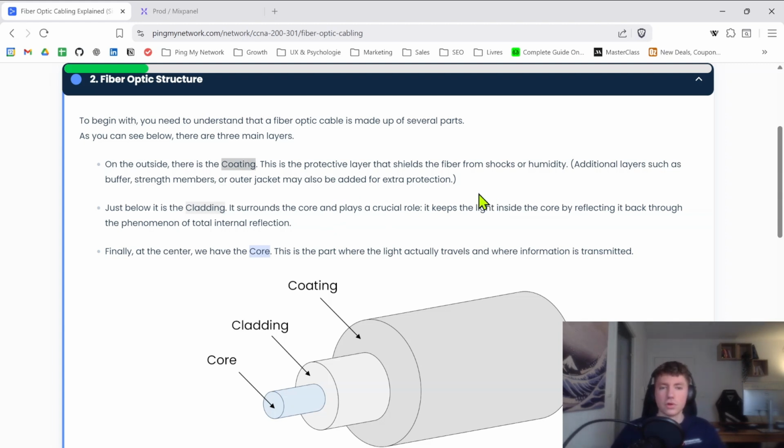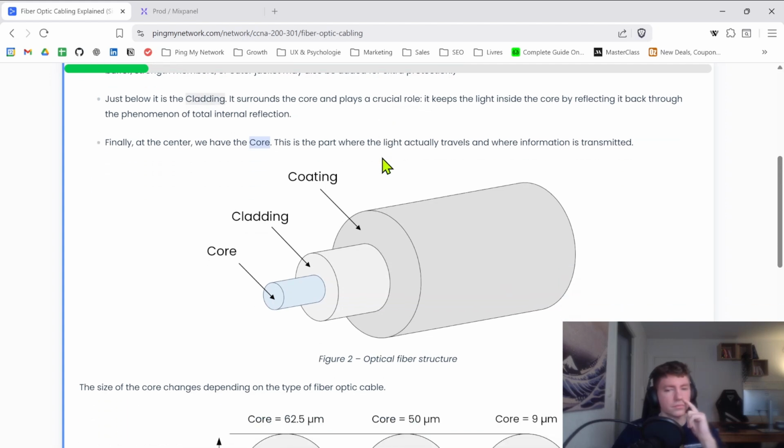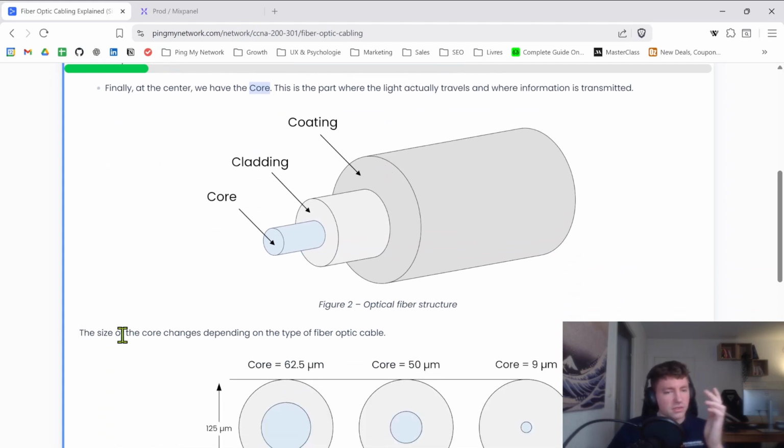It surrounds the core and plays a crucial role. It guides the light inside the core by reflecting it back through the phenomenon of total internal reflection. Finally, at the center, we have the core. This is the part where the light actually travels and where information is transmitted. The size of the core changes depending on the type of fiber optic cable.